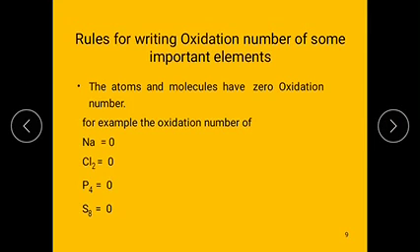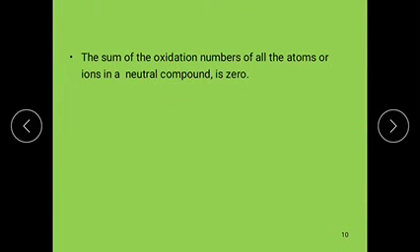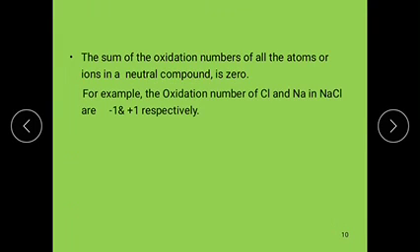Once again, the rules to remember are like this: atoms and molecules in elemental form have zero oxidation number. For example, the oxidation number of sodium is 0, chlorine is 0, phosphorus is 0, sulfur is 0. The sum of the oxidation numbers of all the atoms or ions in a neutral compound is 0.